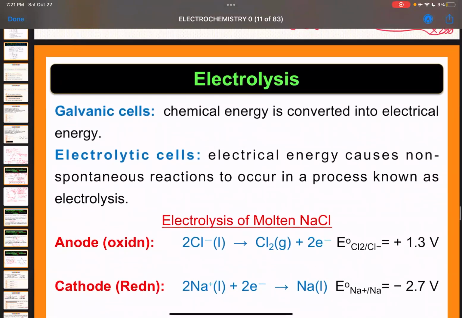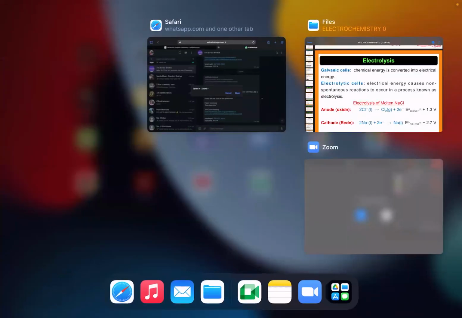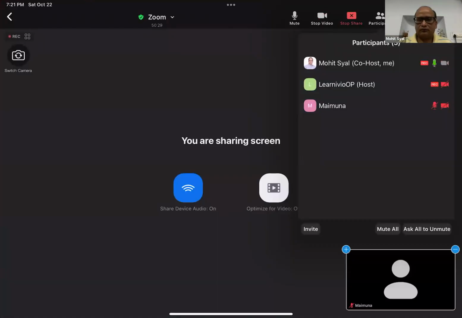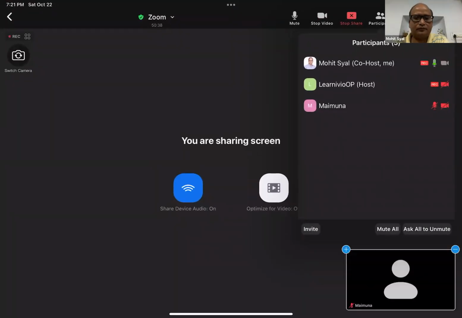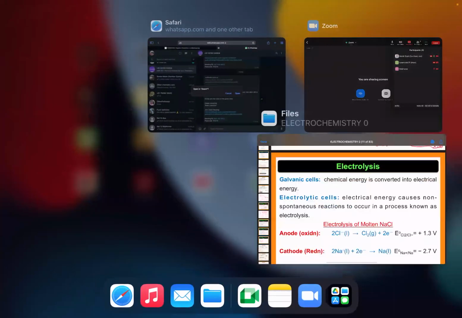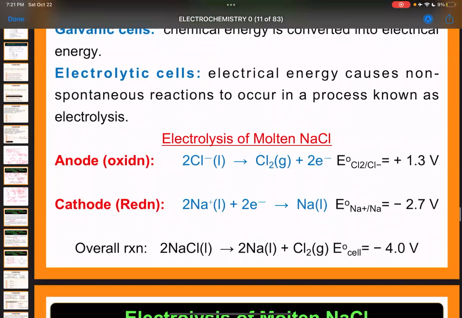So let's move to electrolysis. So I hope you understood everything. Understood? This one, this is very, very important to keep this in mind. Okay. Right?